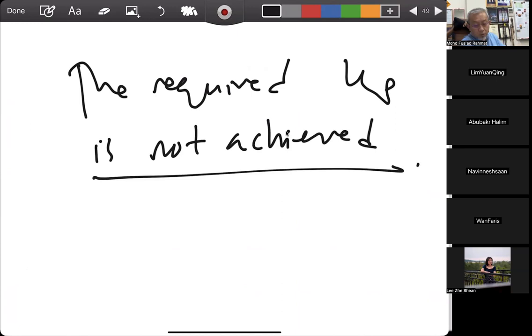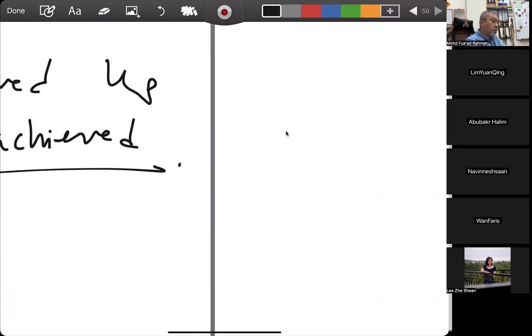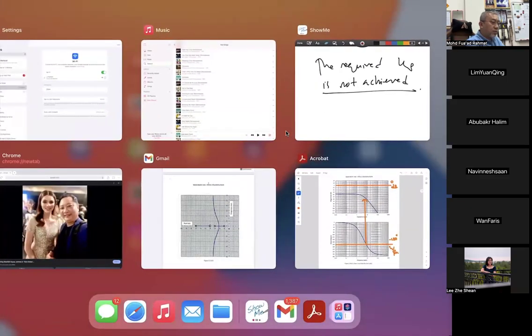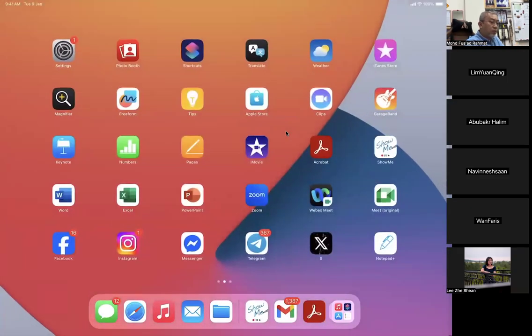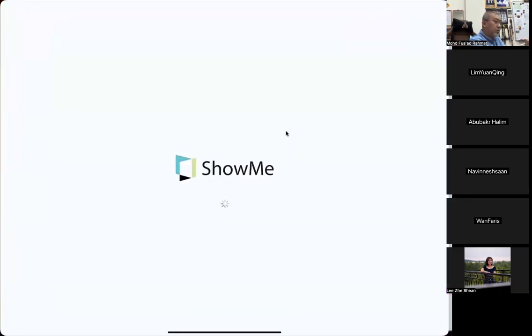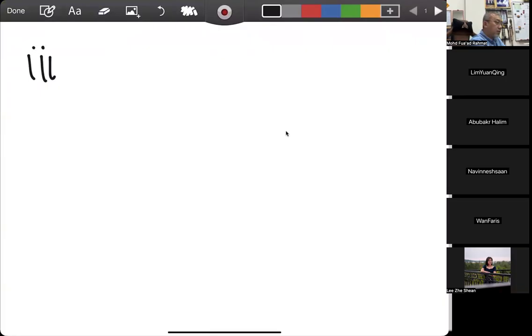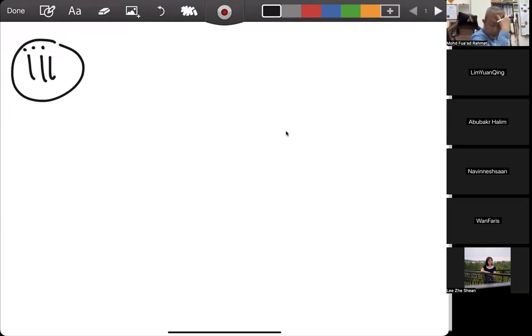Okay. That's why we have to move to part 3. Okay. So that using a lag compensator, we can achieve the desired KP and maintain the overshoot achieved in the previous design.